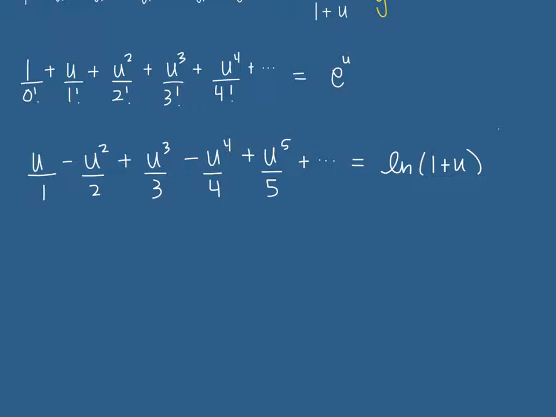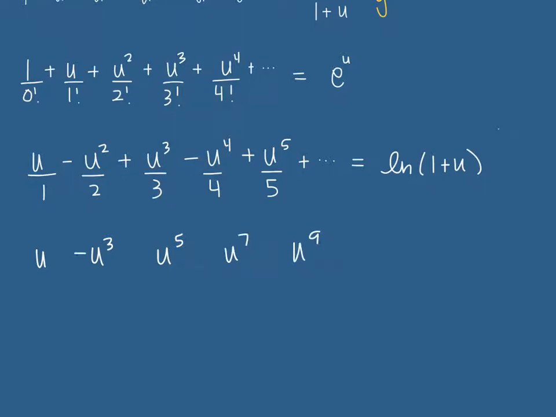One thing about the natural log that is the exception to most Maclaurins, which are centered at 0: what would be the problem of doing a natural log centered at 0? It's not even in the domain, right? 0 is not even in the domain of natural log. So for this one, we shift it, we do 1 plus u. Okay, last one. Only odds. u cubed, u to the 5, u to the 7, u to the 9.